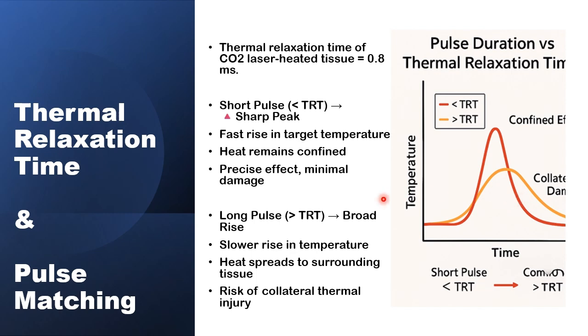On the other hand, if you have a longer pulse, which does not peak up quickly and does not peak up high, the slower rise would allow the heat to be spread to the adjacent tissue, and the threshold temperature required for tissue destruction may not be achieved due to the quick cooling effect, the very short thermal relaxation time.